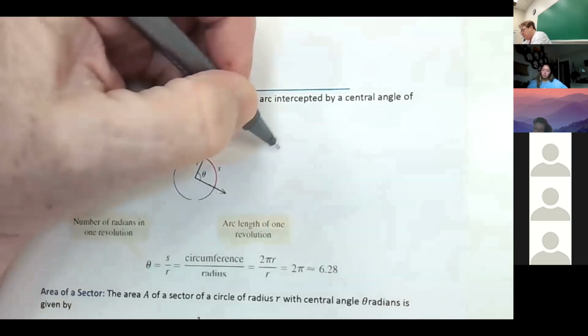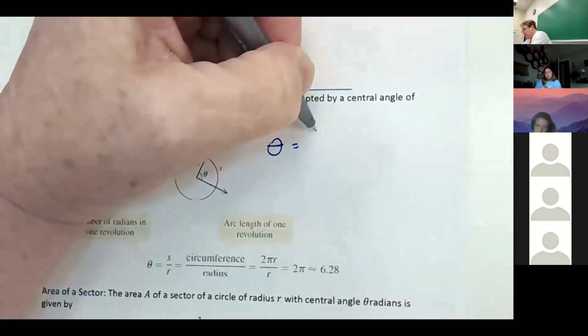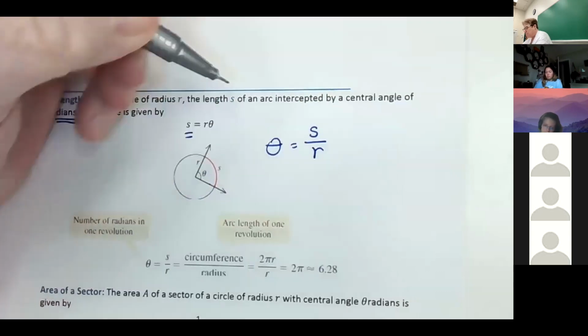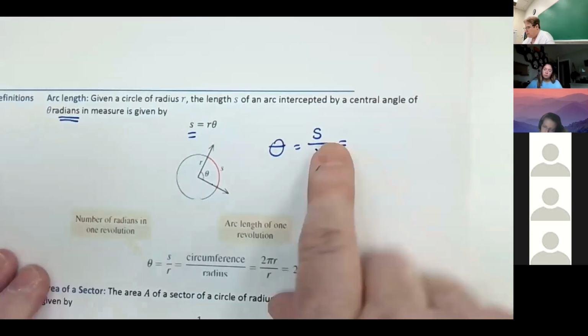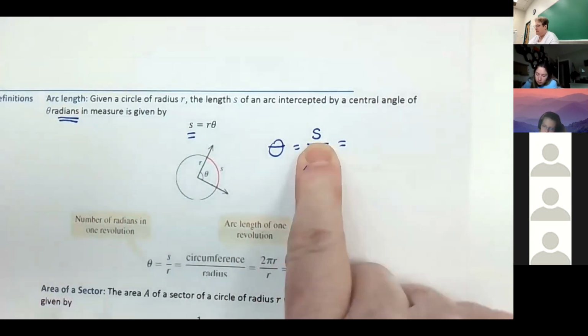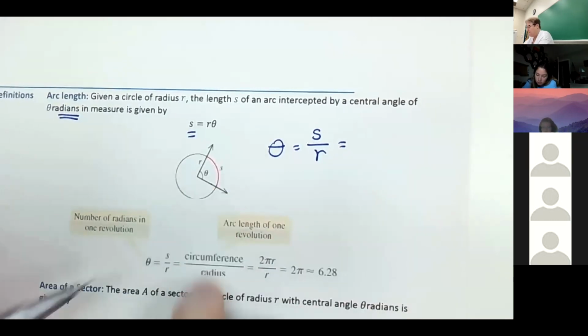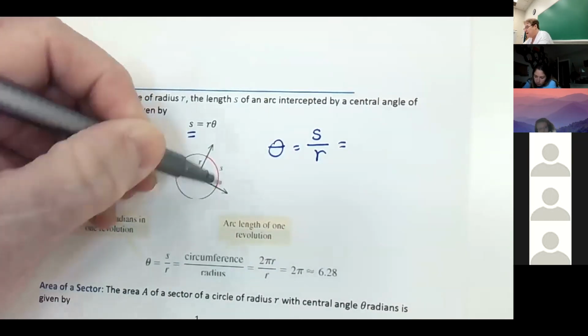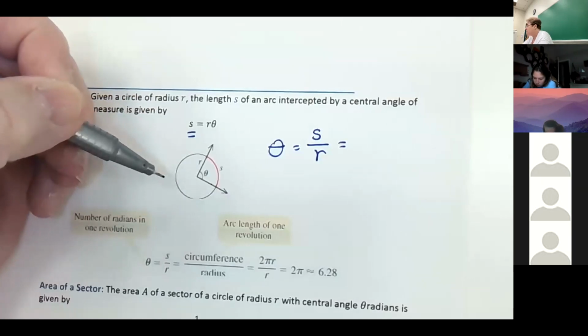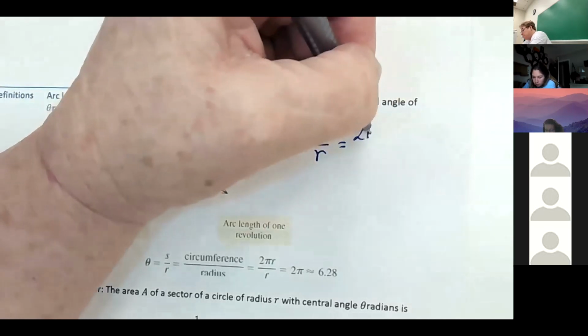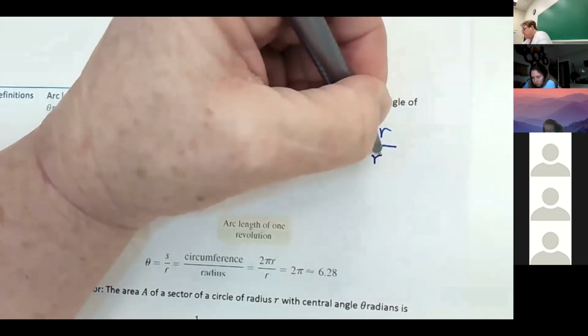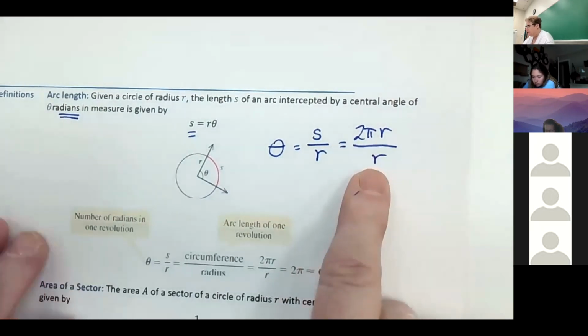And the way that we get the conversion factor for circles is exactly here. So we've got theta is equal to S divided by R. Well, if we let S be this whole circle, what is the circumference of a circle? Good. And how can we reduce that fraction?